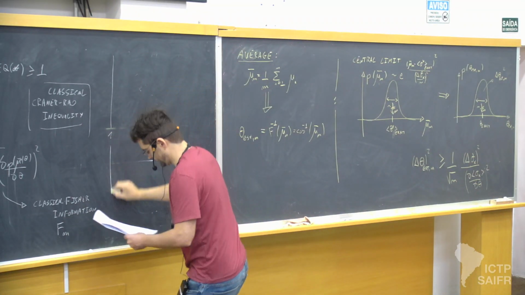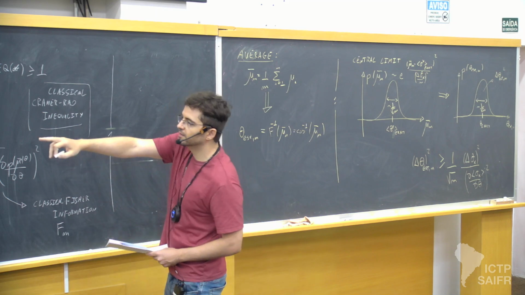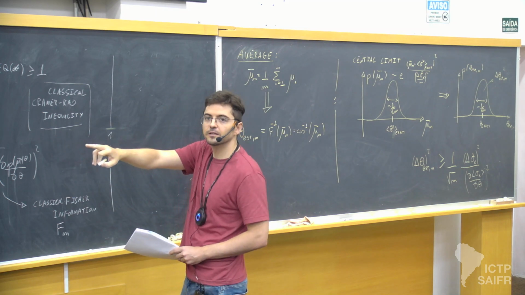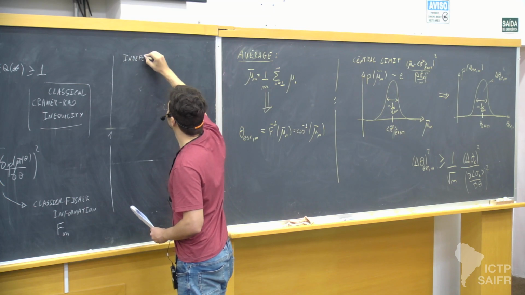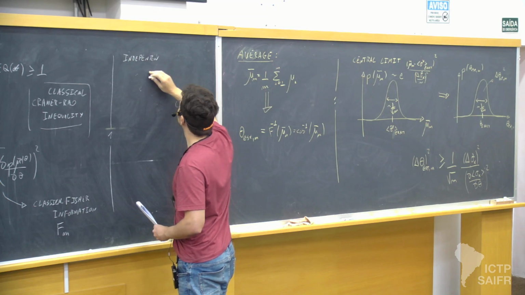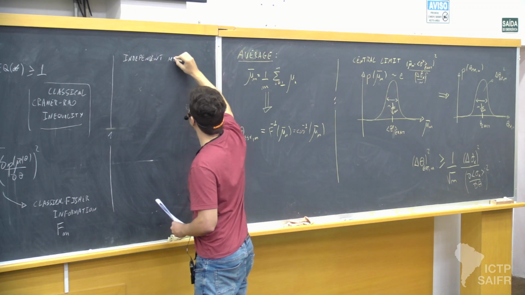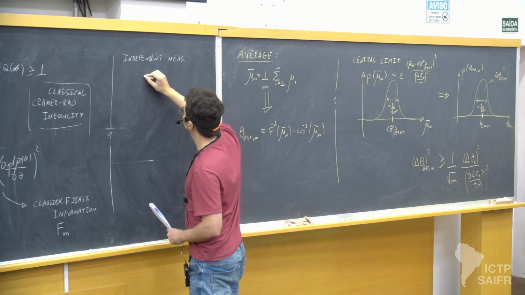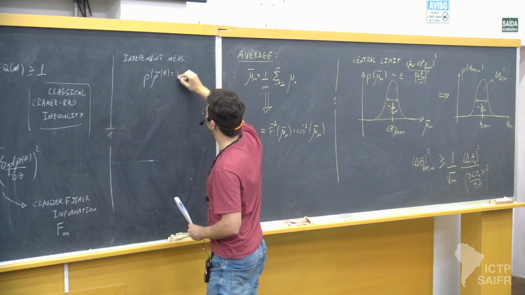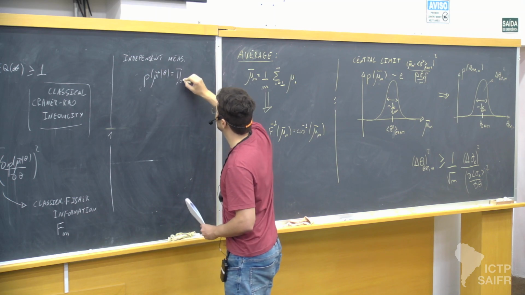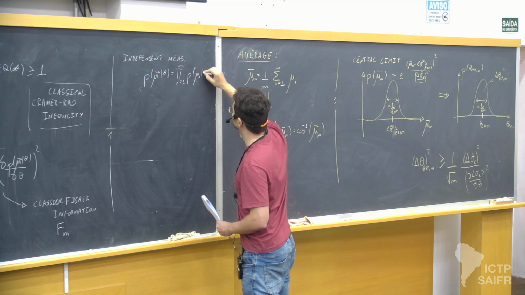So, just one last property: since we assume that the measurements are independent, it means that the whole probability distribution can be split as a product of the probability distributions for all of my outcomes.